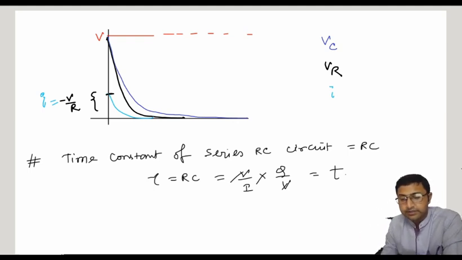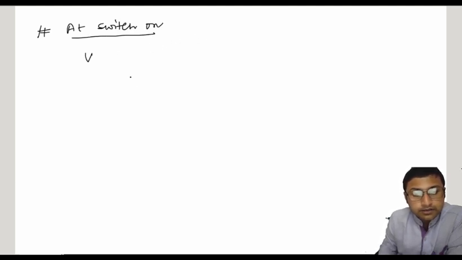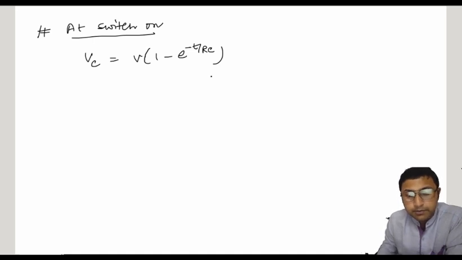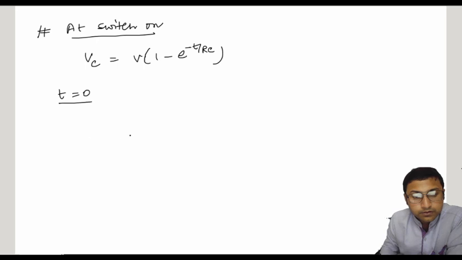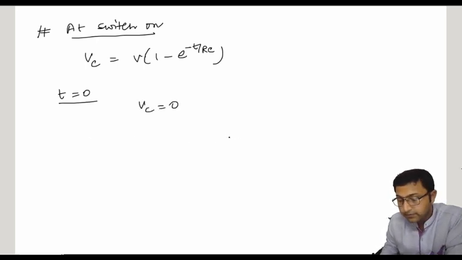The second question is, if I again go back to the expression of the capacitor voltage, at switch on condition, the capacitor voltage is V into 1 minus e to the power minus t by RC. Here we have already performed on it. So at t equal to 0, the Vc is 0.